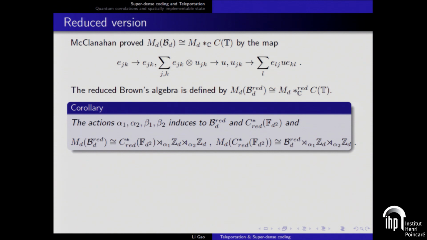If you recognize these algebras as GNS representations of the full algebras with respect to certain traces, like this one, M_D of the reduced B_D is basically the GNS representation of the full free product with respect to the free product trace. So we just show the isomorphism for the full system algebra, trace preserving. With this one more step, the rest follows by the GNS construction.